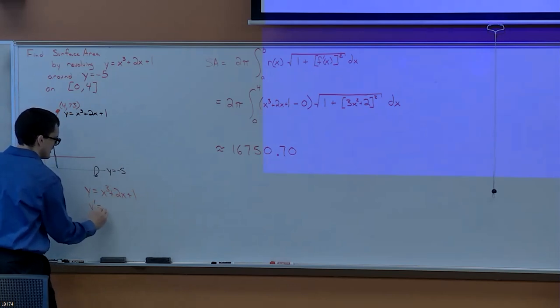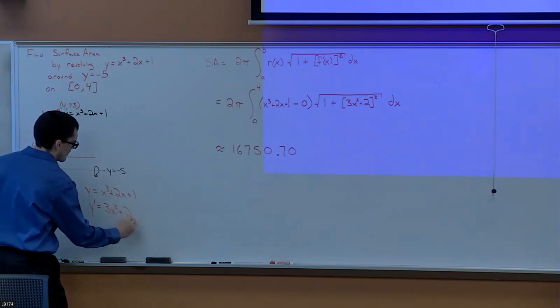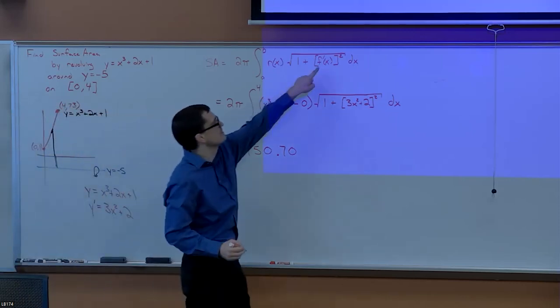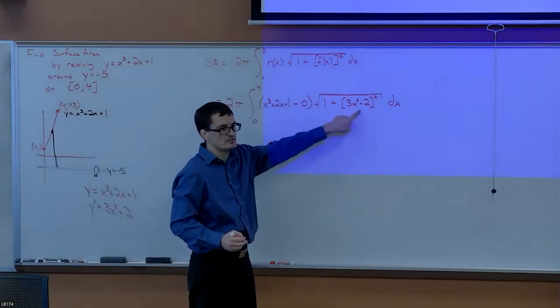I'm still dealing with the exact same curve. So when I'm thinking about my f of x and my f prime of x, my f prime is still 3x squared plus 2. That part doesn't change.